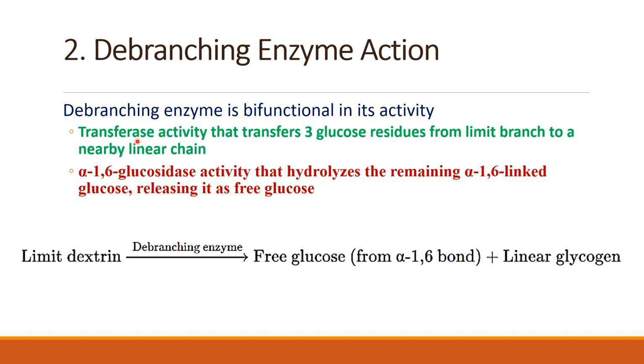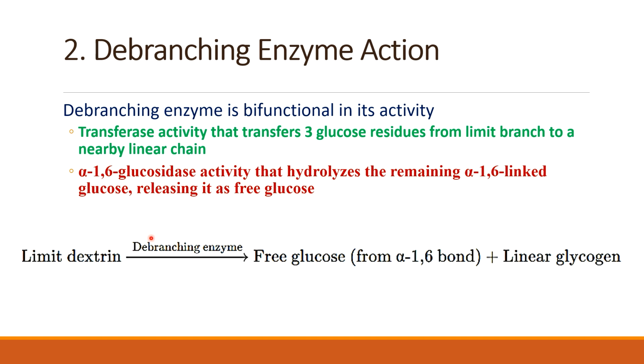Coming to the transferase activity, it is mainly involved in the transfer of 3 glucose residues from the limit branch to a nearby linear chain. While the alpha-1,6-glucosidase activity is involved in the hydrolysis of the remaining alpha-1,6 linked glucose, releasing it as a free glucose, which is not phosphorylated.